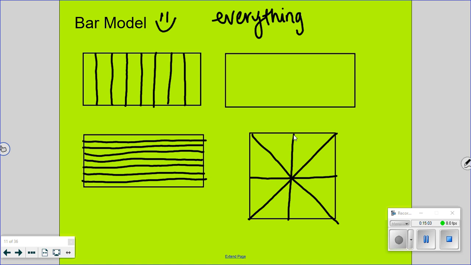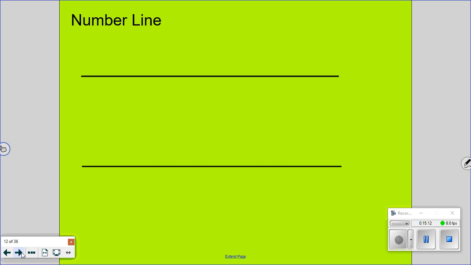On a number line. So our last strategy is going to be showing those fractions where they live, which is on a number line, in between, like these fractions on the line. If you need to go to a new page, that's fine.